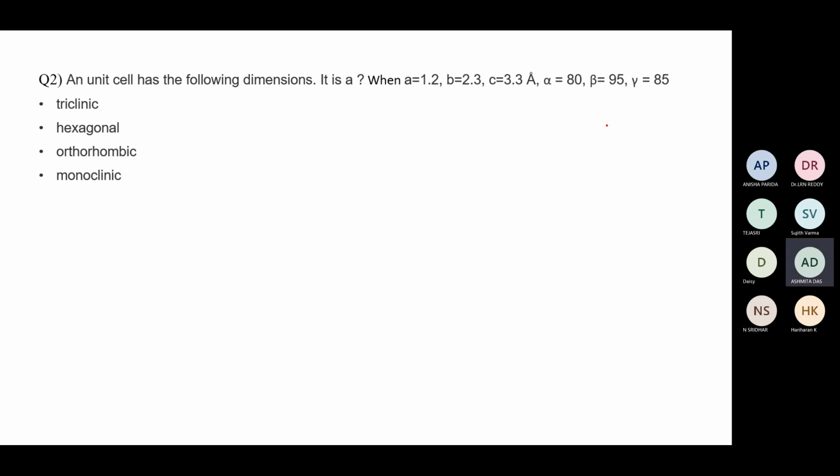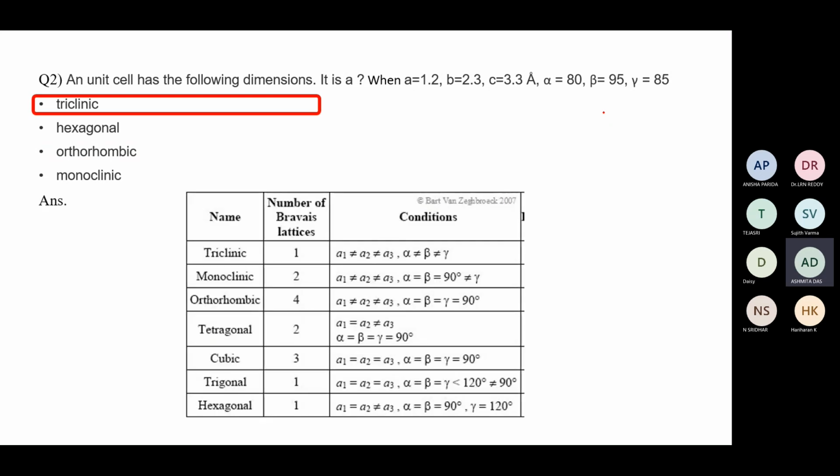The unit cell is the simplest repeating unit in the crystal. The opposite faces of a unit cell are always parallel and the edges of the unit cell connect equivalent points. So the correct answer here is triclinic.